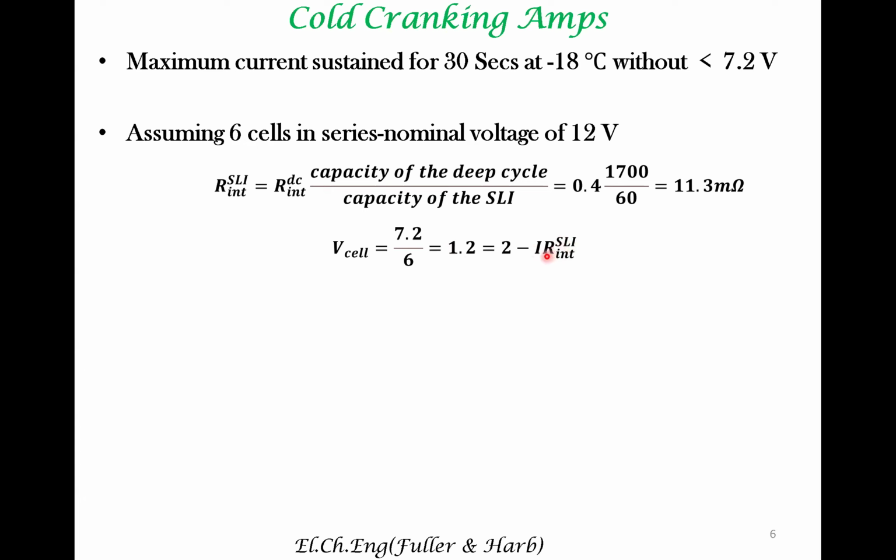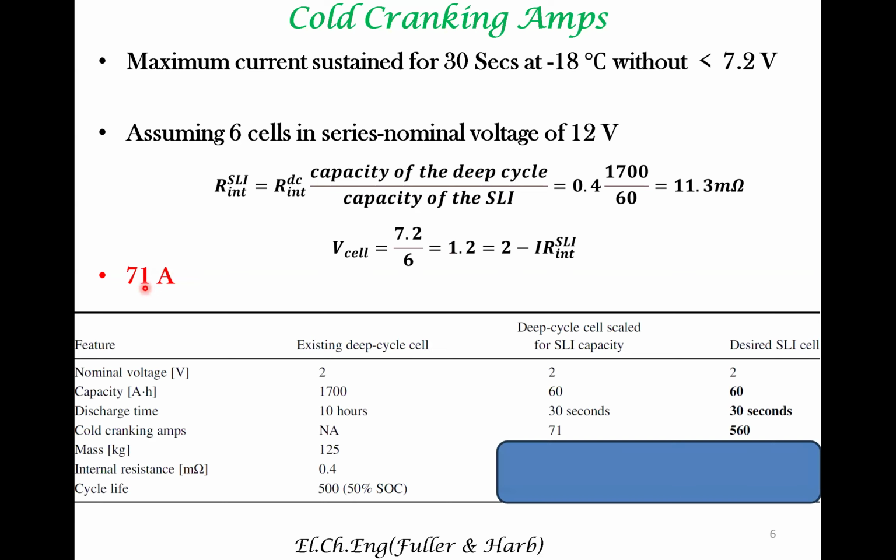Okay, so you know this. From this, you can obtain the cold cranking amps of the battery of this capacity. Just by using this resistance here, we can solve for I and get the cold cranking amps.